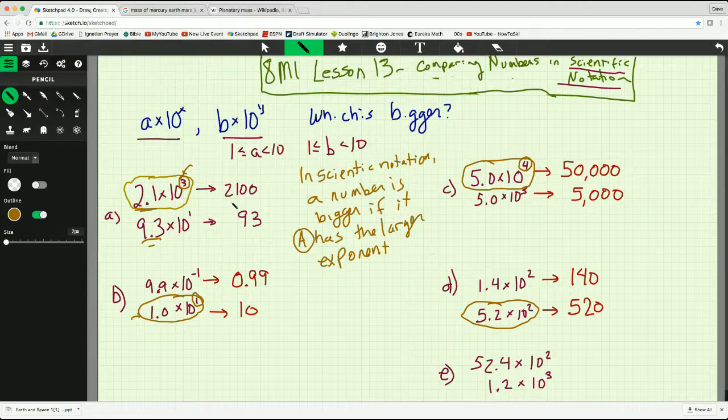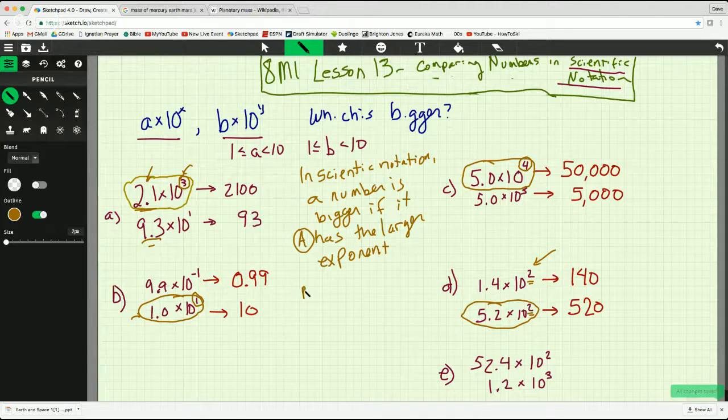So you can kind of get a sense of it. The power is more important than the first part of the number in telling you how long this number is going to be, or how many zeros it's going to have after it. Now, we're going to use this rule on the second page when we do some more examples. In this case here, we have two numbers that have the same exponent.